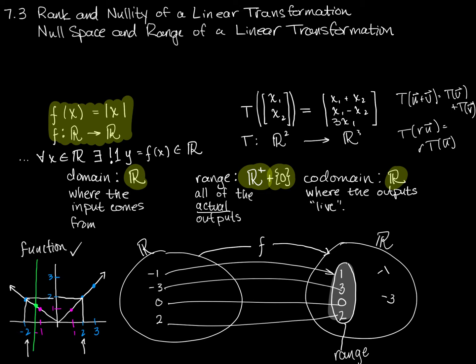They can't range outside of that. The range is a smaller subset of the codomain. I don't know, kind of helps me a little bit remember which one's which. All right, now I'm going to go to another slide because we're going to talk more about the idea of the domain and the codomain in a slightly different context.